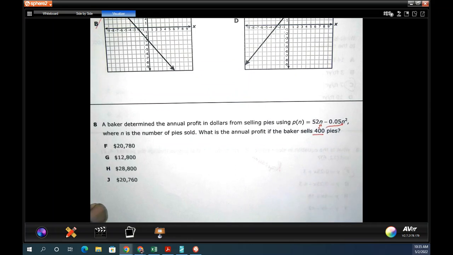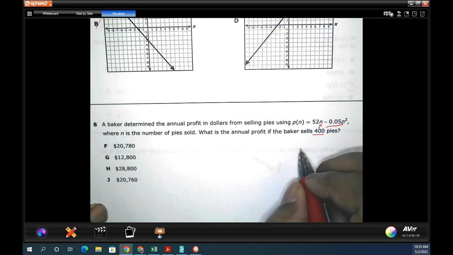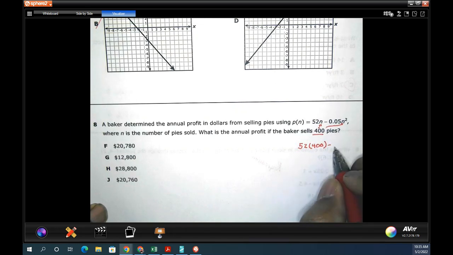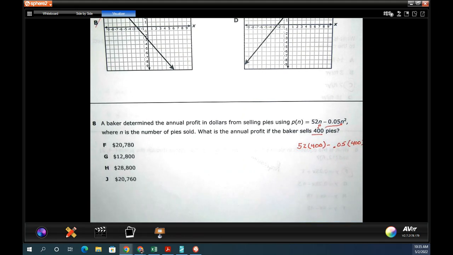Now, here's the deal. In your calculator, you would go 52, parentheses, 400, do it, minus, all you got to do is go 0.05, 400, and then close the parentheses and put squared.